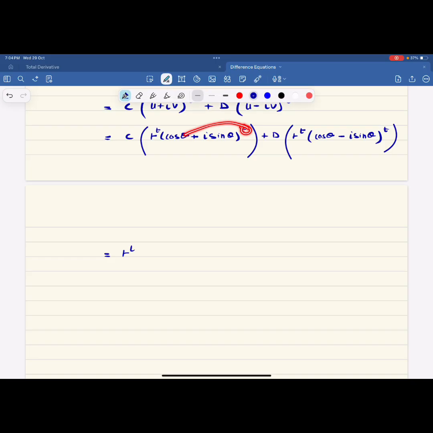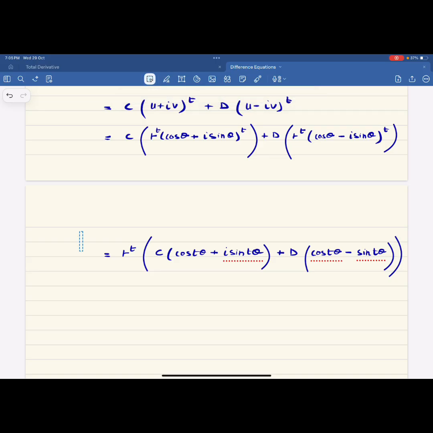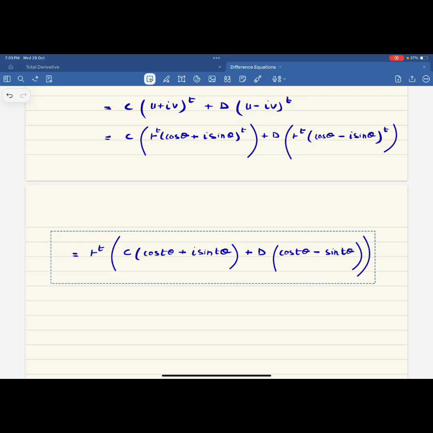If I take r^t out as common, I'm left with C(cos tθ + i sin tθ), and then I have D(cos tθ − i sin tθ).